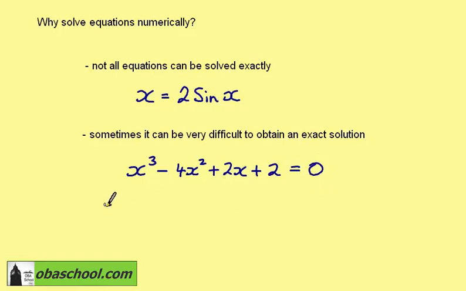This is a cubic equation. All cubic equations have at least one solution, and we can find exact solutions to cubics using a cubic formula in the same way that we can solve quadratics using a quadratic formula.